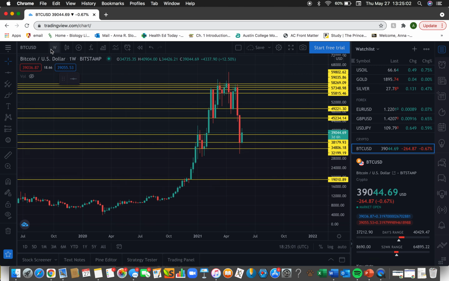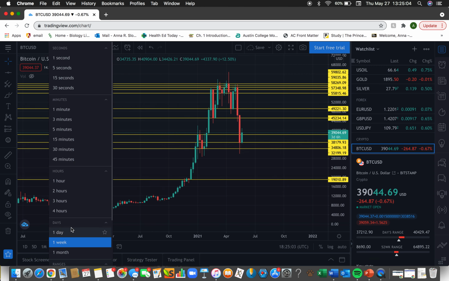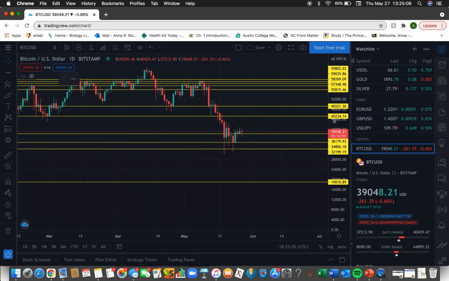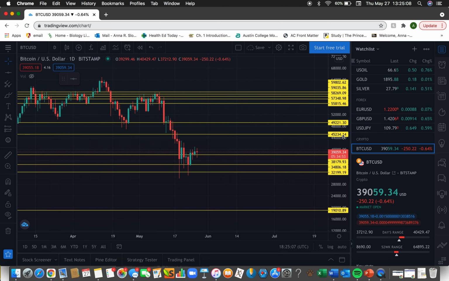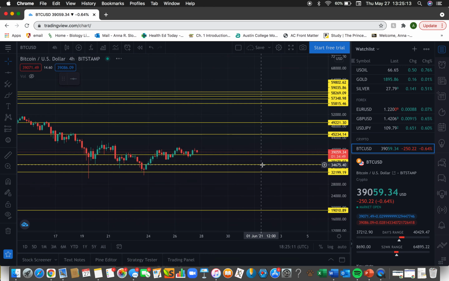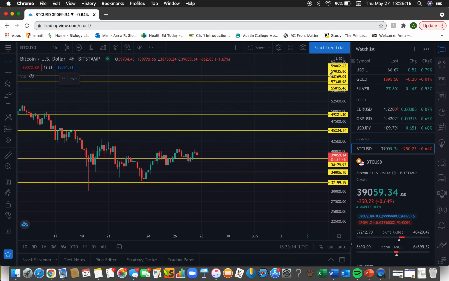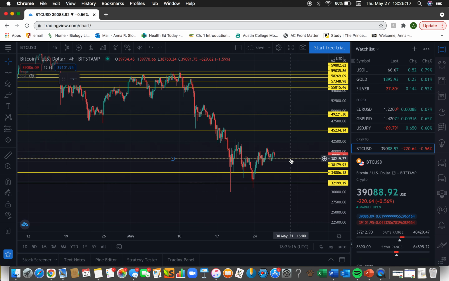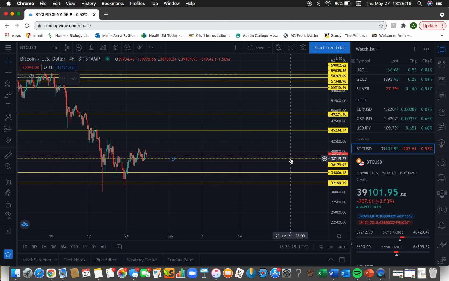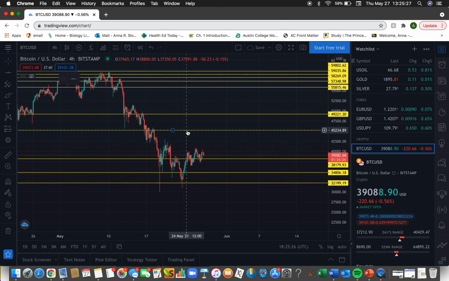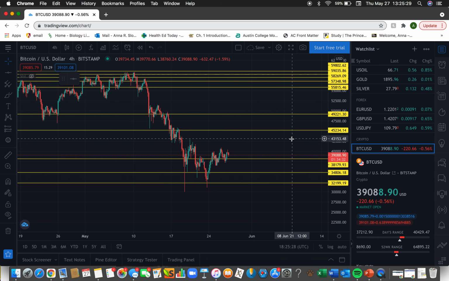So now we go on to the daily and the hourly levels. And you can see this is how you know when you want to get in and when you want to get out. This is how you know what's going on with the chart, and the levels that it could come down to.